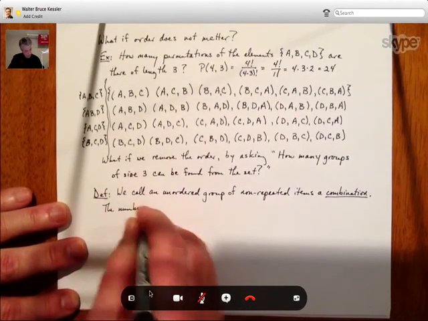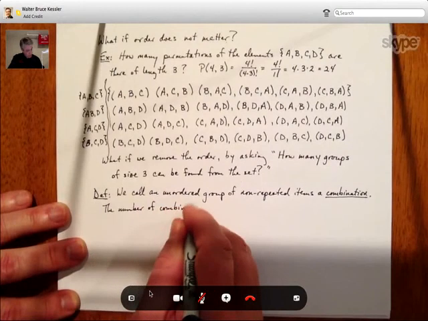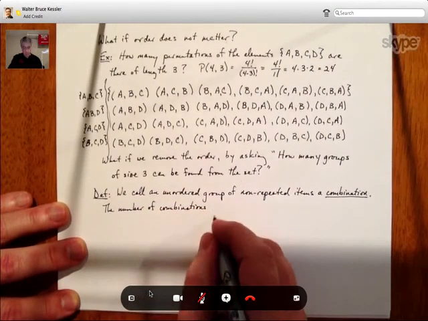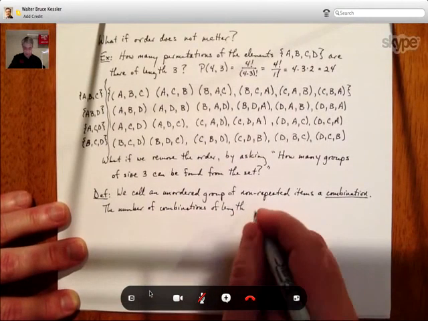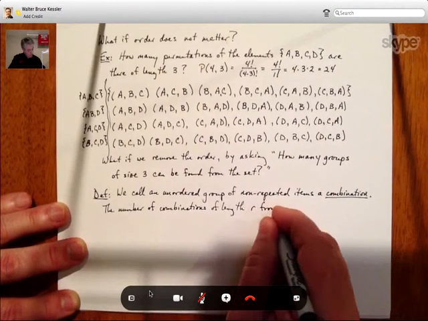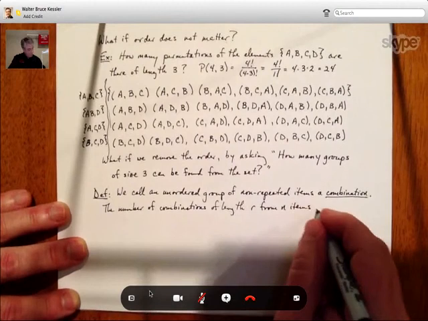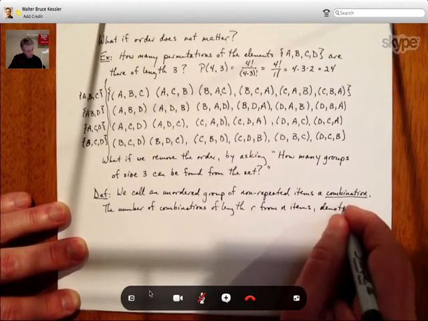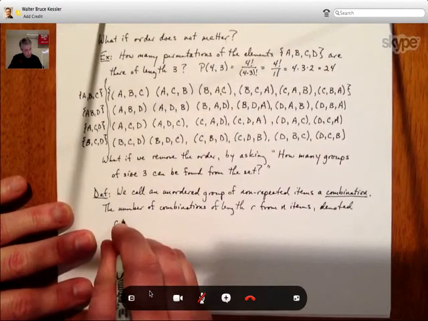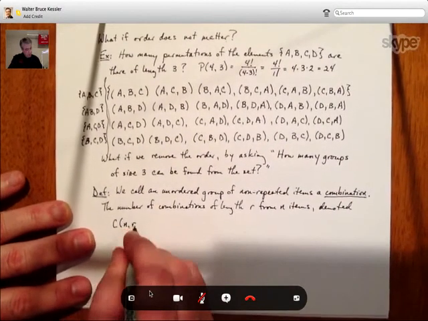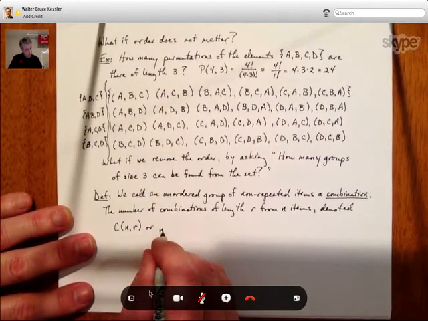The number of combinations of length r from n items, denoted, in keeping with our previous notation, C(n, r), n choose r.